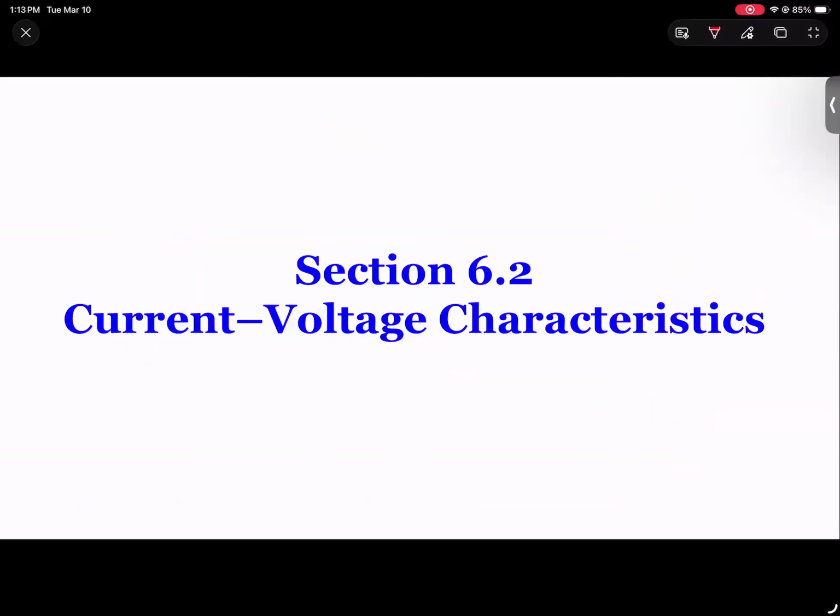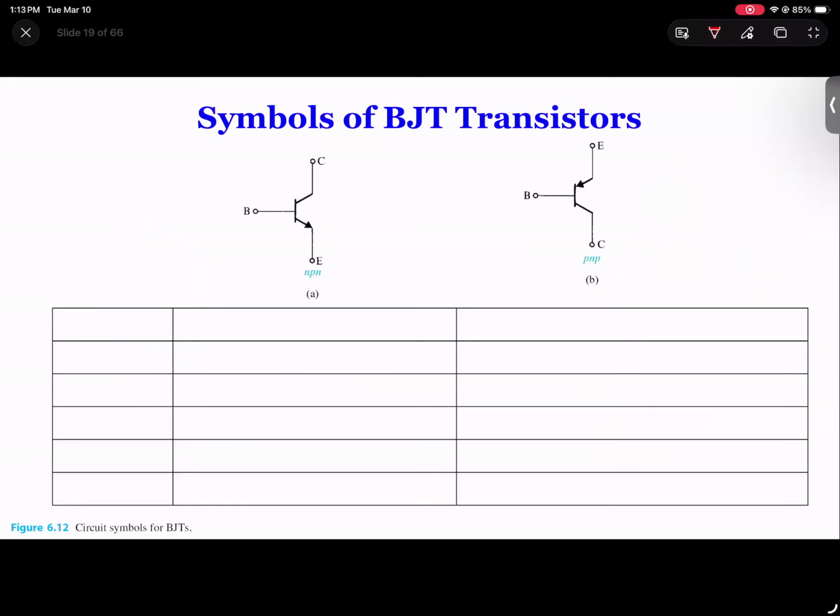So now we're going to move on to talk about the current and voltage characteristics, mostly through some examples. Okay, so I made a table here. Let's build a table to look at the relations.